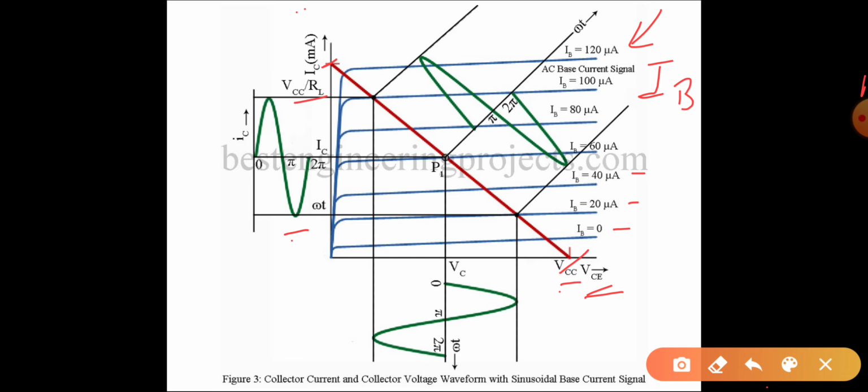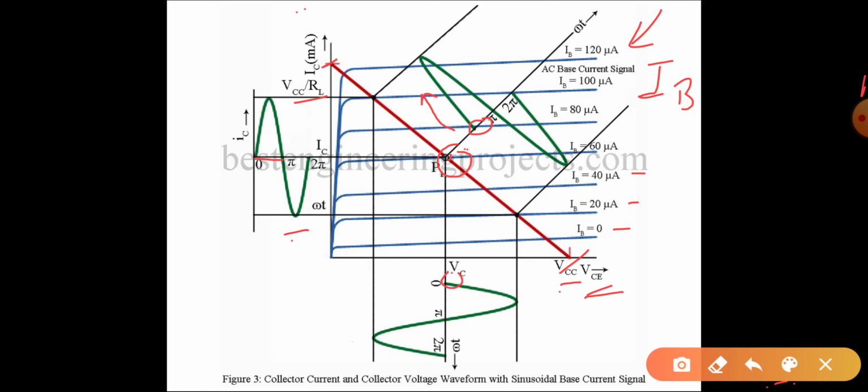See here, when the base current is 0, the Q point is placed here at P1. When you go on increasing the base current in this way, your Q point will also shift in the upward direction. For a 0 base current, your IC will be 0 and your VCE will also be 0.